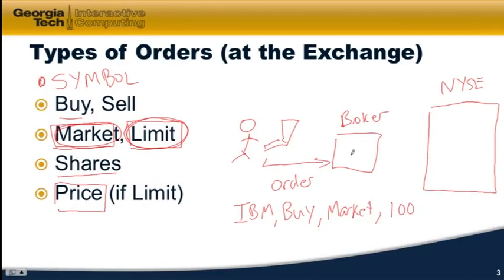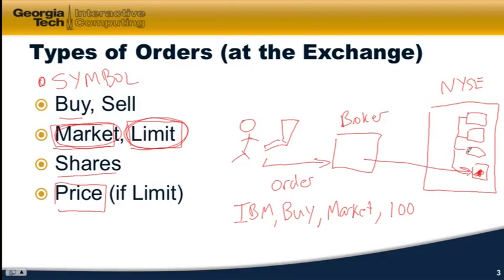Your order goes to your broker, and your broker packages it up, sends it to their computer, which is on the exchange. Now the exchange includes many computers that are all interconnected via internet within the exchange, and your broker's computer on the exchange takes that order, makes it available on the exchange, and it gets executed.